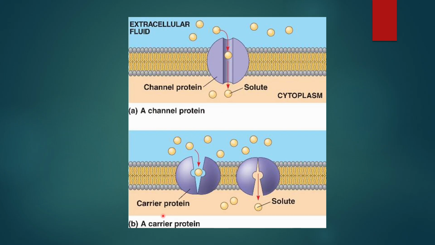Carrier proteins actually can change their shape. So you'll notice in this diagram where the protein is open to the outside of the cell, it takes in a particle, and then it's going to close back up as that particle moves to the inside of the cell. So carrier proteins can actually change their shapes.